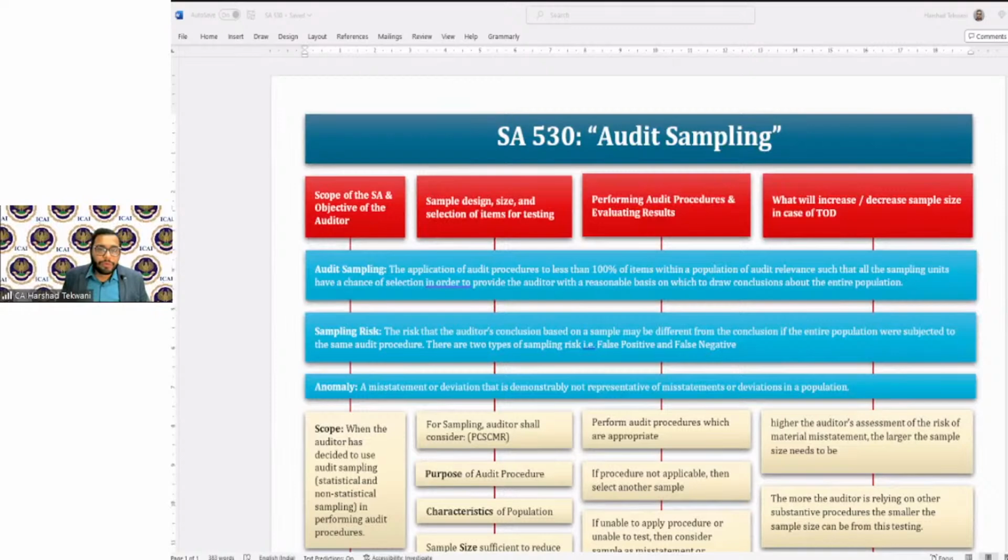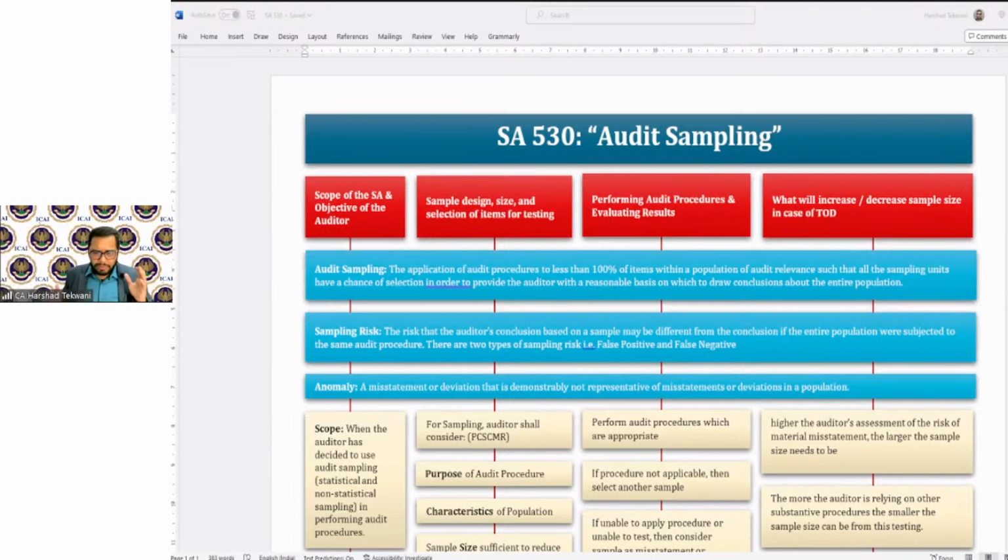So today I'm going to start with SA 530, Audit Sampling. Before we deep dive into the standard, we need to understand the objective and scope of this standard, and why we have it. There is an inherent limitation with respect to the audit: you cannot perform a 100% audit.